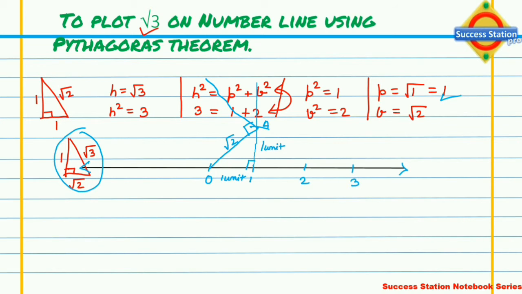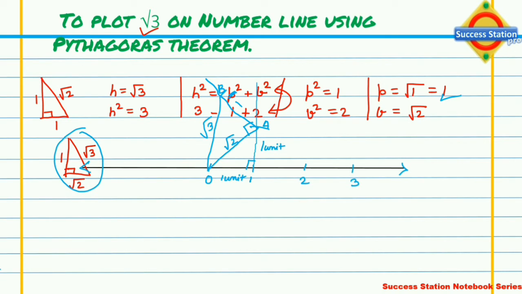So just cut 1 here, 1 unit, and we will join this, thus we'll get root 3. So this will be point B and this will be root 3, right?